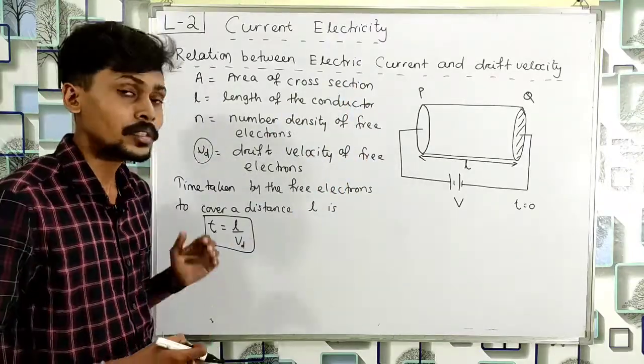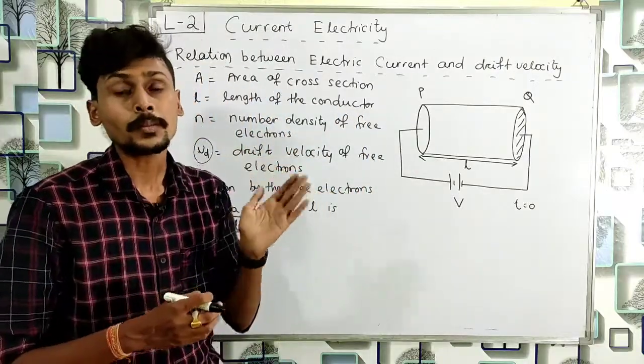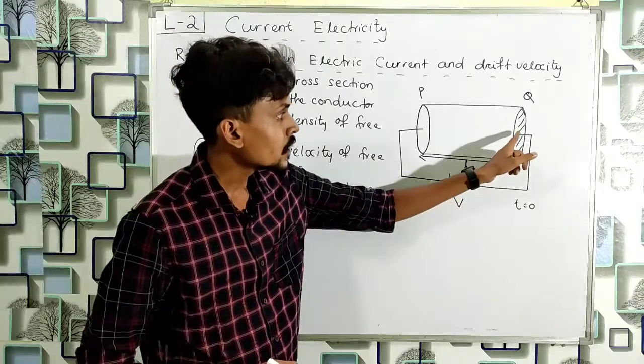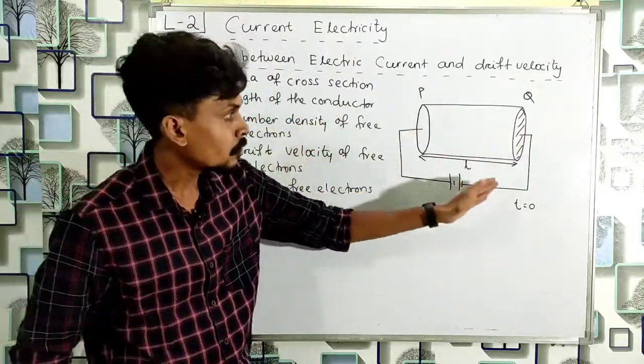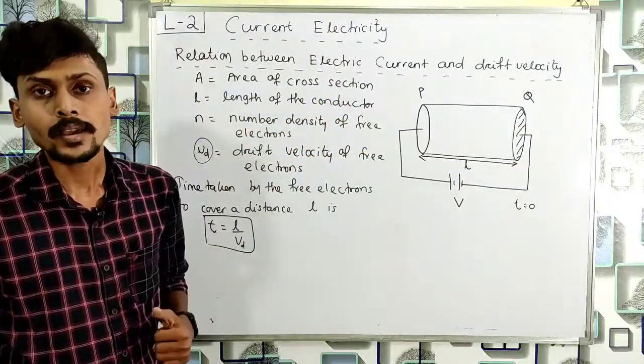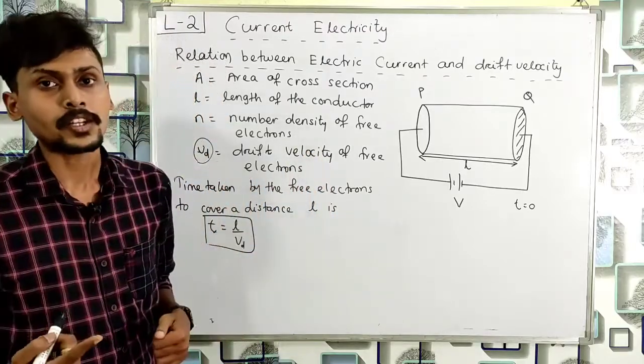Is that clear? Now, the electrons which are present behind the first batch of electrons, it means the electrons in this conducting wire, will also enter inside the metal, inside this wire. Is that clear? I will call them the second batch of electrons.